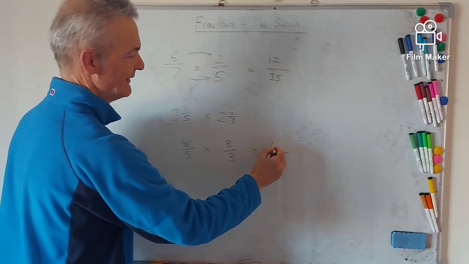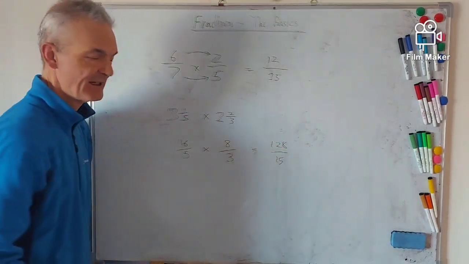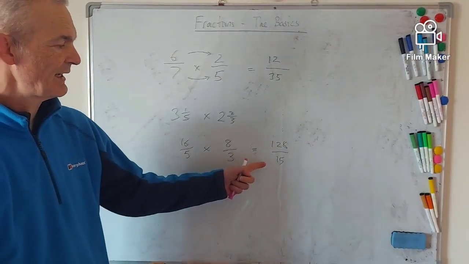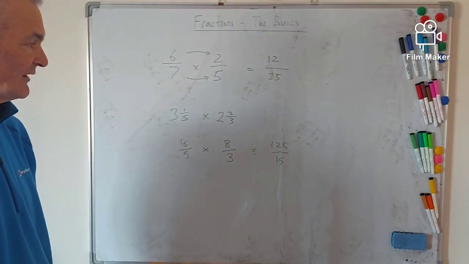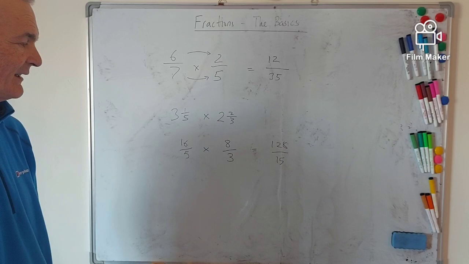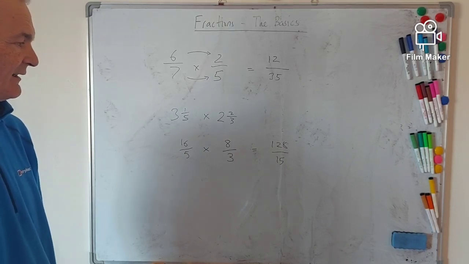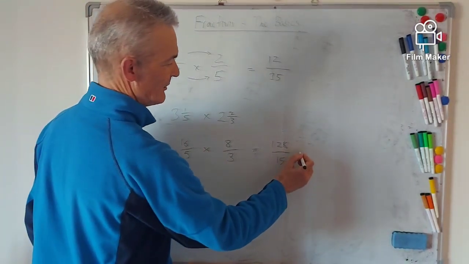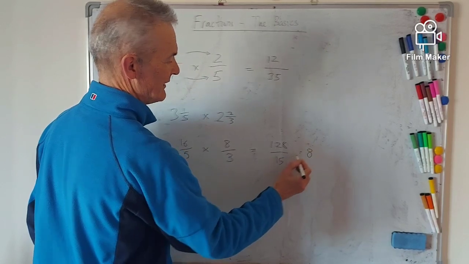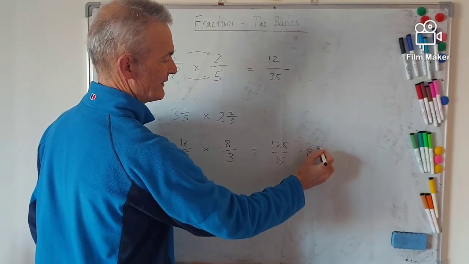So that's 128. And then we've got to work out how many 15s go into 128. So we've got 6 in 90. 8 in 120, so we're going to get 8, and there's 8 left.